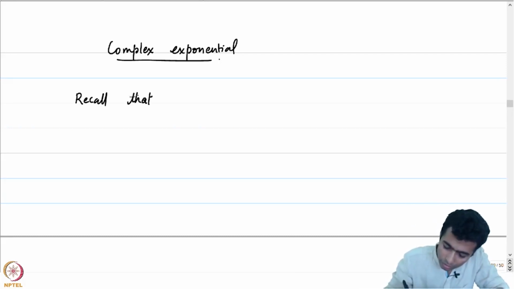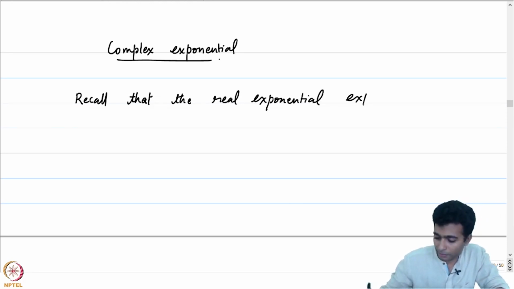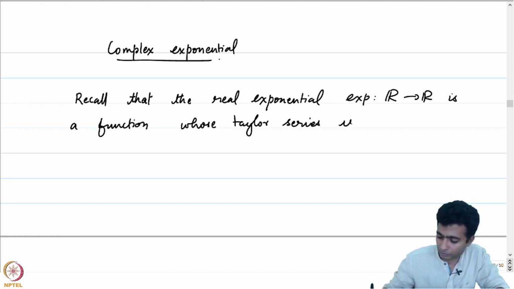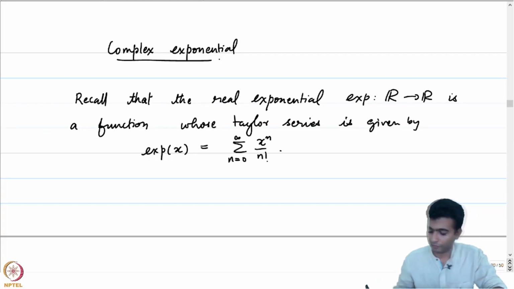Recall that the real exponential exp from R to itself is a function whose Taylor series is given by exp of x equals summation x to the power n by n factorial, where n is from 0 to infinity.